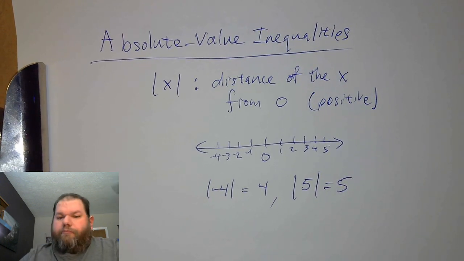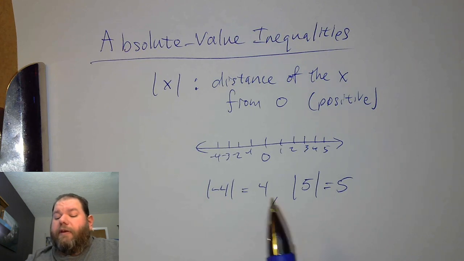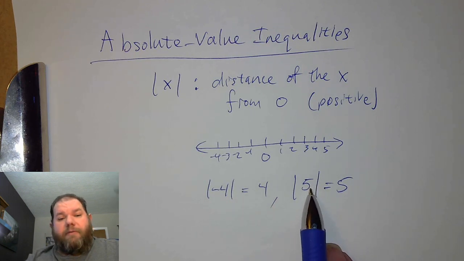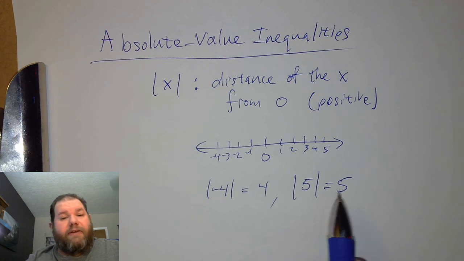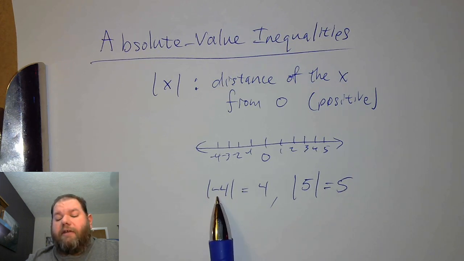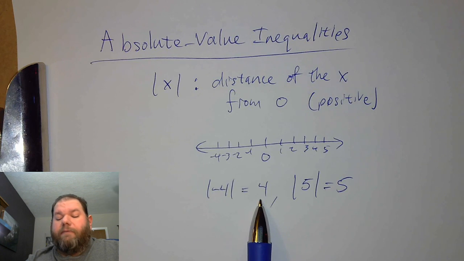Now, probably you can already understand that, from an end result view, if we have a positive number, the absolute value keeps it the same. If it's negative, it turns it into a positive.